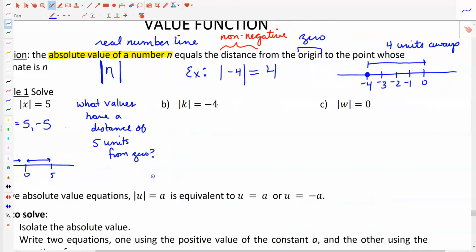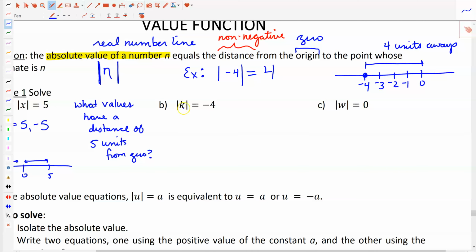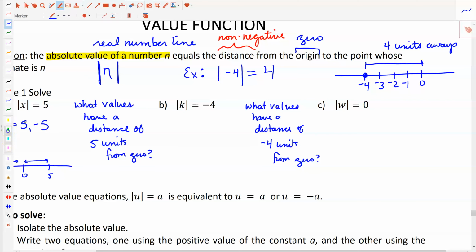For this second example, the absolute value of k is equal to -4. This is asking me what values have a distance of -4 units from 0. And here is where we encounter the problem.